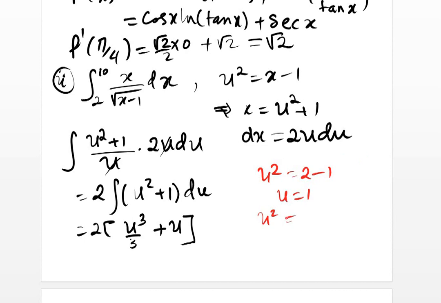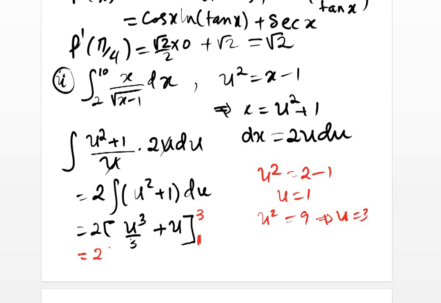Equally 10 minus 1 is 9, which gives u to be 3. So the new limits will run from 1 to 3.